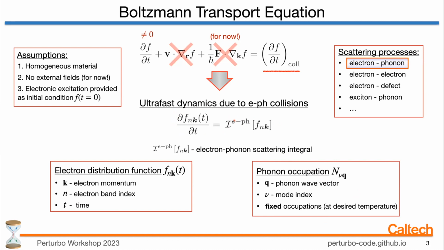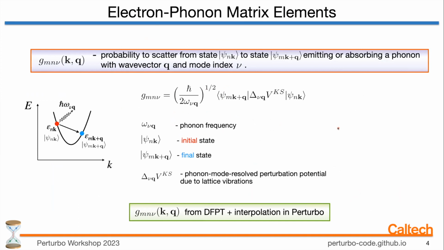Then one of the key ingredients in the electron-phonon scattering integral are the so-called electron-phonon matrix elements that you have seen already. But let me briefly remind you what this quantity is. Let us consider an electron in some initial state ε_nk, with this wave vector k describing the state ψ_nk.